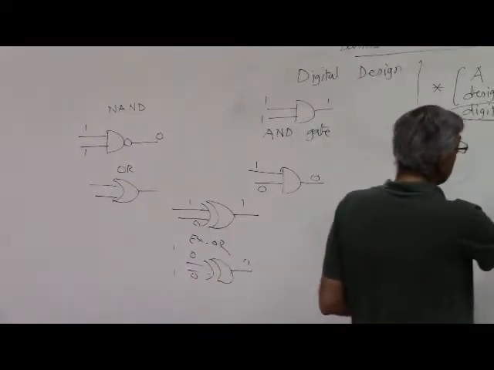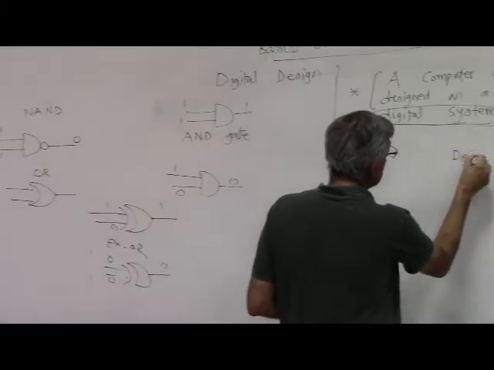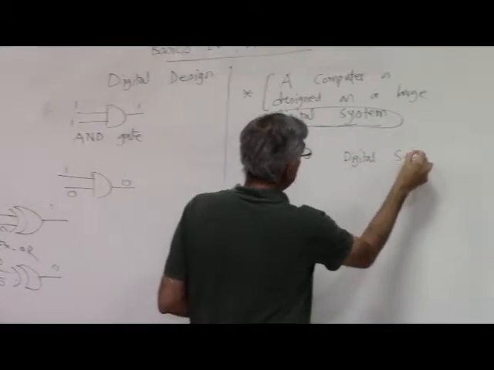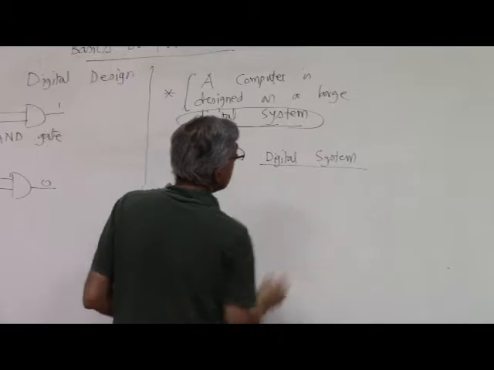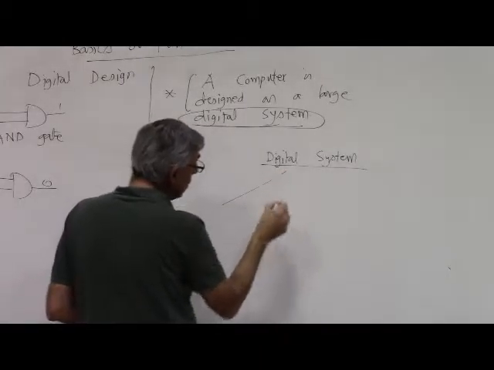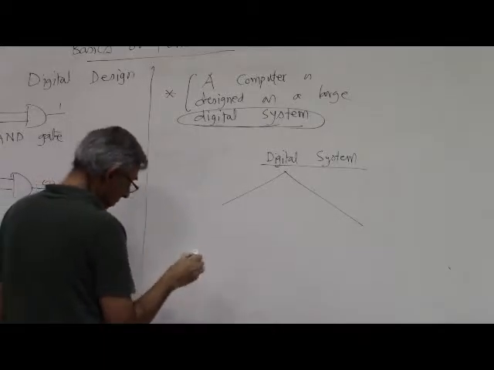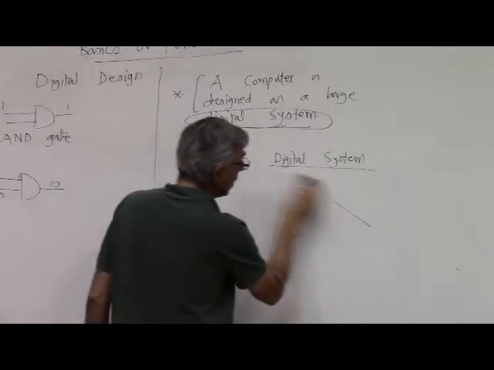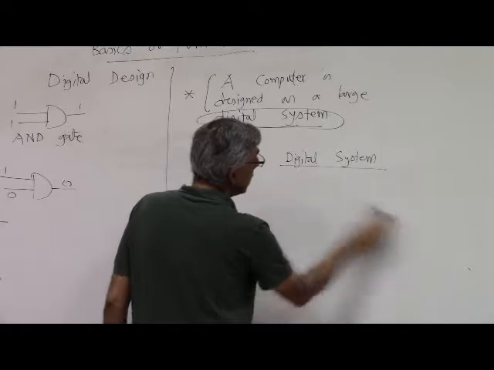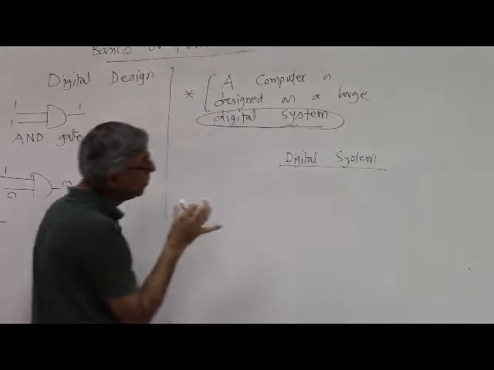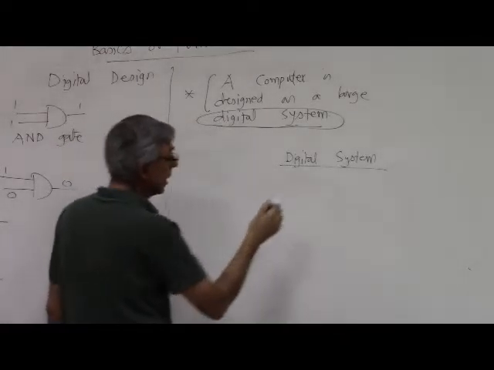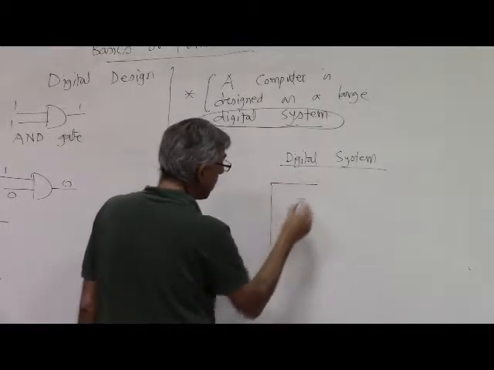Okay, so now anytime we have a digital system, basically there are two types of digital systems. Or first let me go back up a little bit. A digital system has two main parts inside it. What are those parts called?